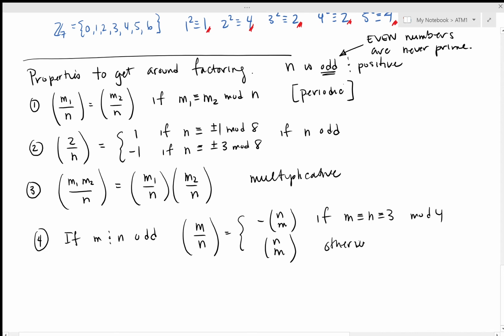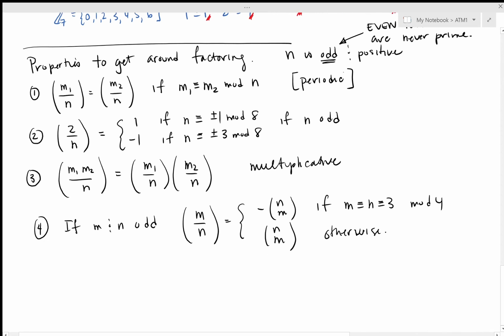What am I actually writing down here? This is a fancy way of writing something we have just been talking about. This important property of the Jacobi symbol is going to make it much easier for us to calculate this thing. It is another statement of quadratic reciprocity.